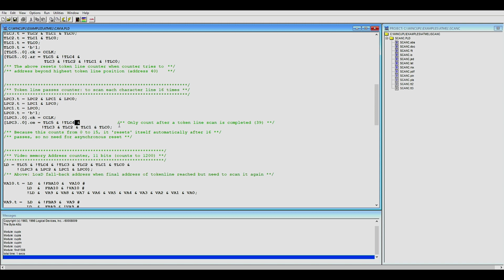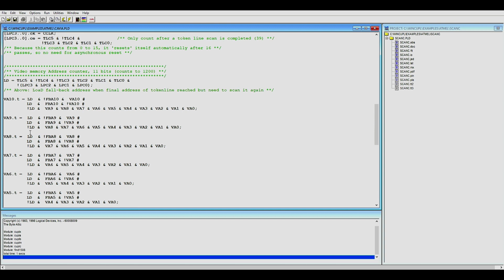Now if you convert that from binary to decimal, you see that it's 39. In other words, the line passes counter will only count when the end of a line, the maximum address of a line, 39, is reached. In other words, when the token line counter reaches 39, then the line passes counter will increment by 1. You see the logic there?